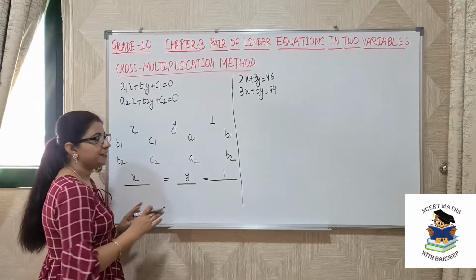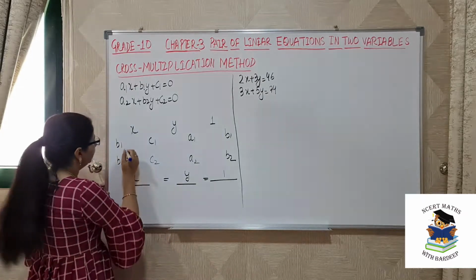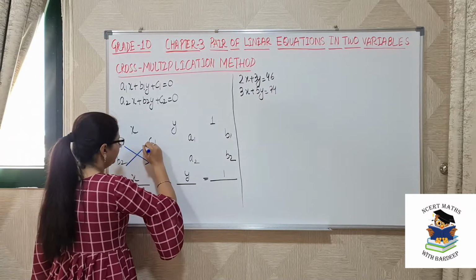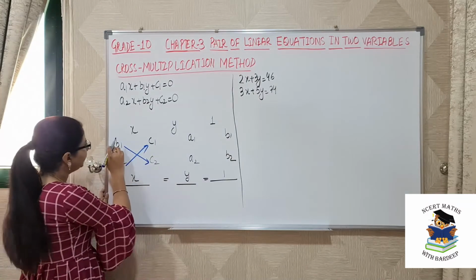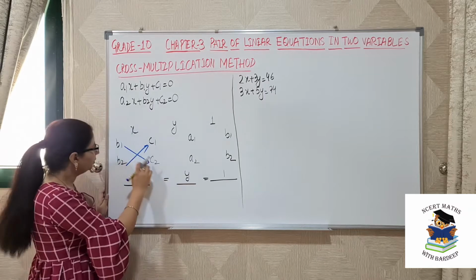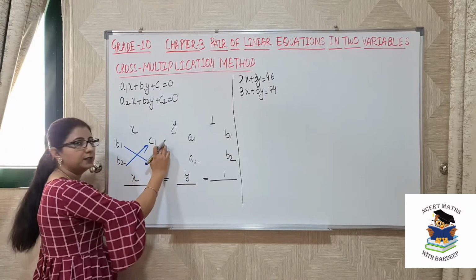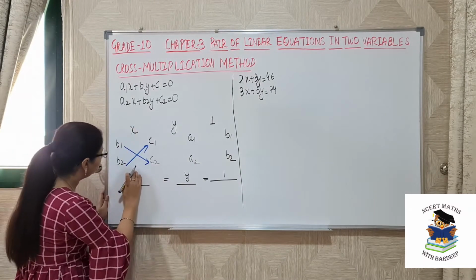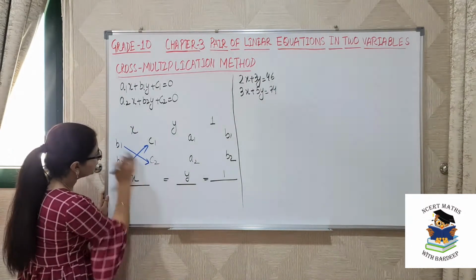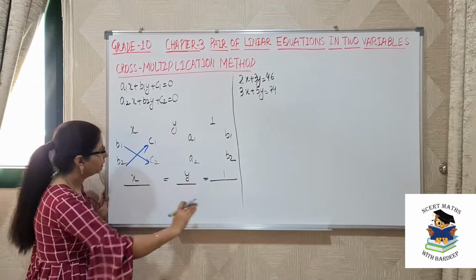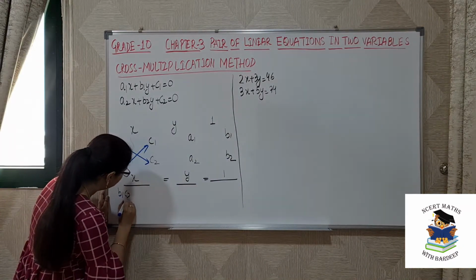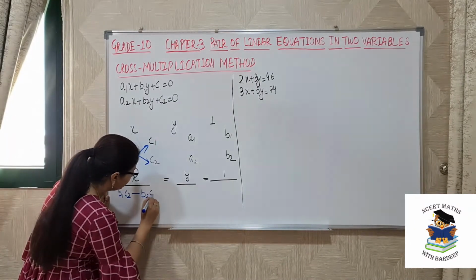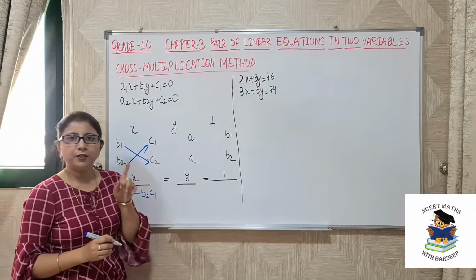Okay, after this step we are going to cross multiply. So always write this arrow first and this arrow later. That is, b1 should be multiplied with c2 minus b2 with c1. So below x, since this is above x, here we will write x over first, always this side. Okay, that is b1 c2 minus b2 c1. If you change the order, your answer will be wrong.